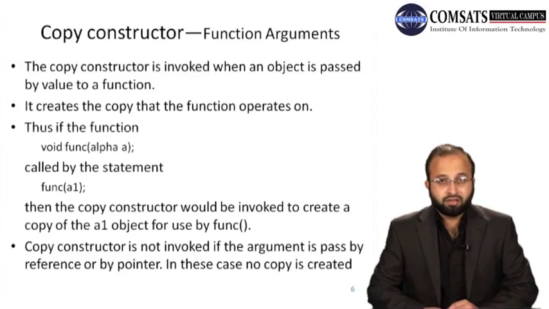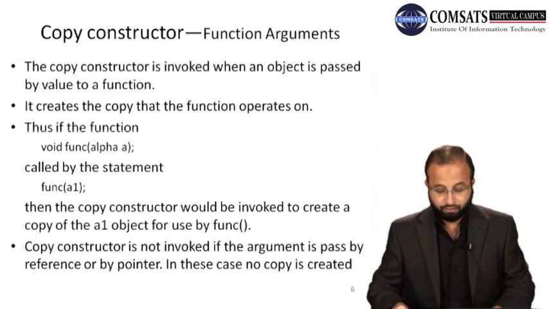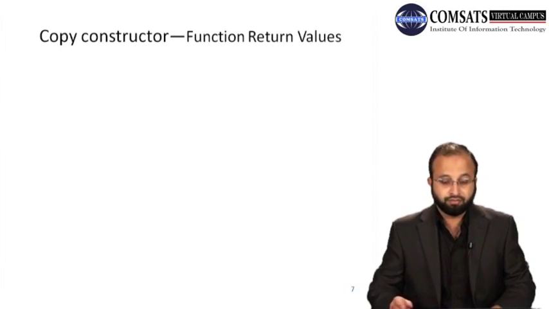That is 32-bit, and while passing by reference you are just creating a reference variable for the same memory location that was created for that object. So in both cases, pass by reference and pass by pointer, the copy constructor will not be called, because it will not create a new copy of that object, while in a function call by value a copy constructor will be invoked. When a function returns a value, the copy constructor is also called.